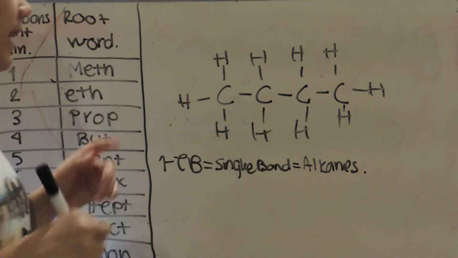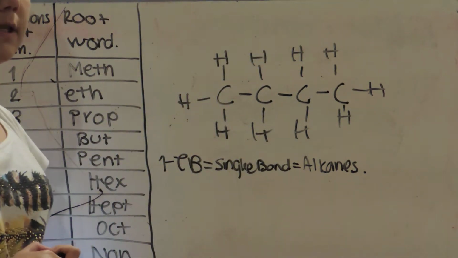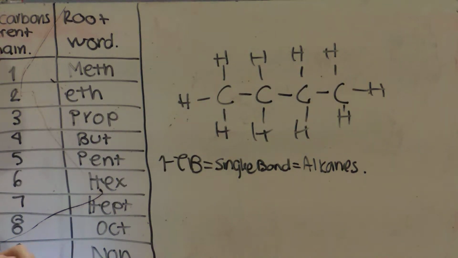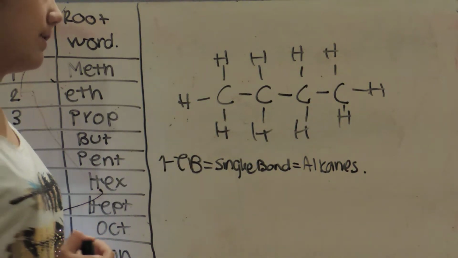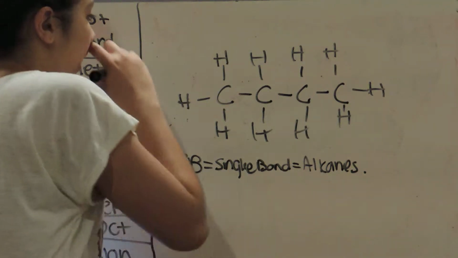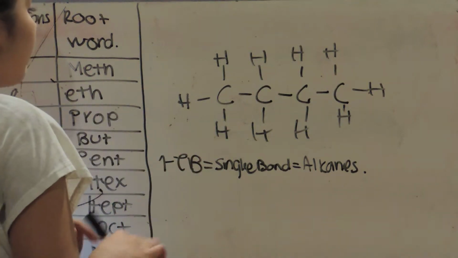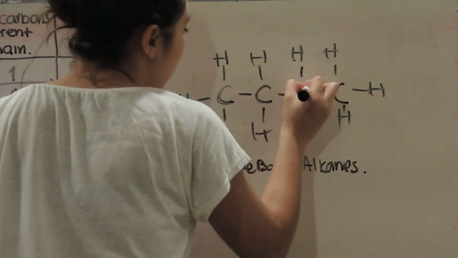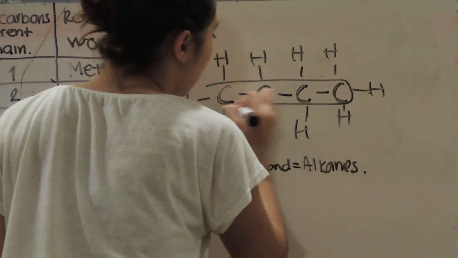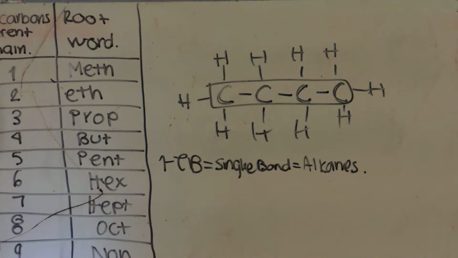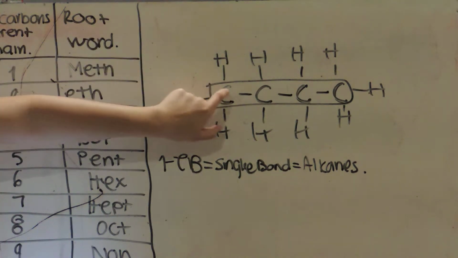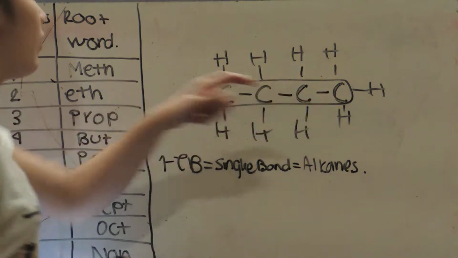Perfect. Then, the second step is to identify the parent chain, or the longest chain of carbons. Only of carbons. So, the longest chain of carbons we have in here is this one. We have a carbon, a carbon, a carbon, and a carbon. So this is our parent chain. According to this table, the number of carbons in my parent chain determines the root word we will use.